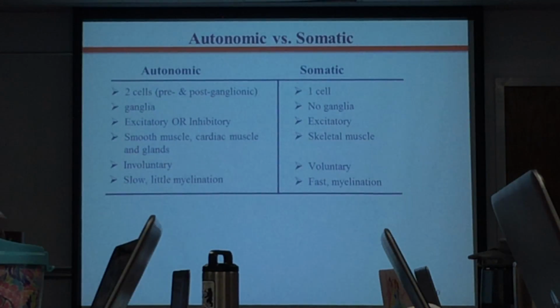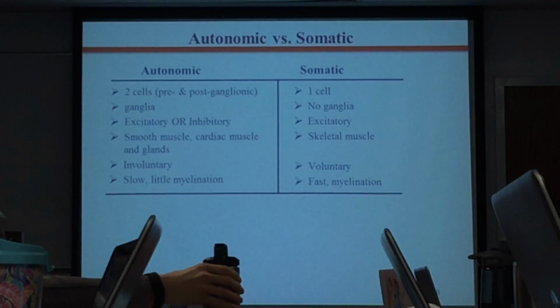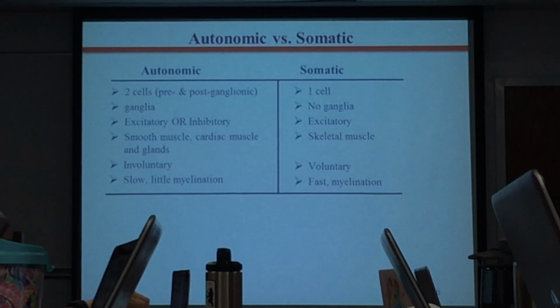The autonomic nervous system can be excitatory or inhibitory, depending on the neurotransmitter and receptor subtype on the effector cells. The somatic nervous system is most of the time excitatory. The autonomic system controls smooth muscle, cardiac muscle, and gland cells, and the somatic nervous system controls skeletal muscle. Also, the autonomic system is involuntary and somatic is voluntary.